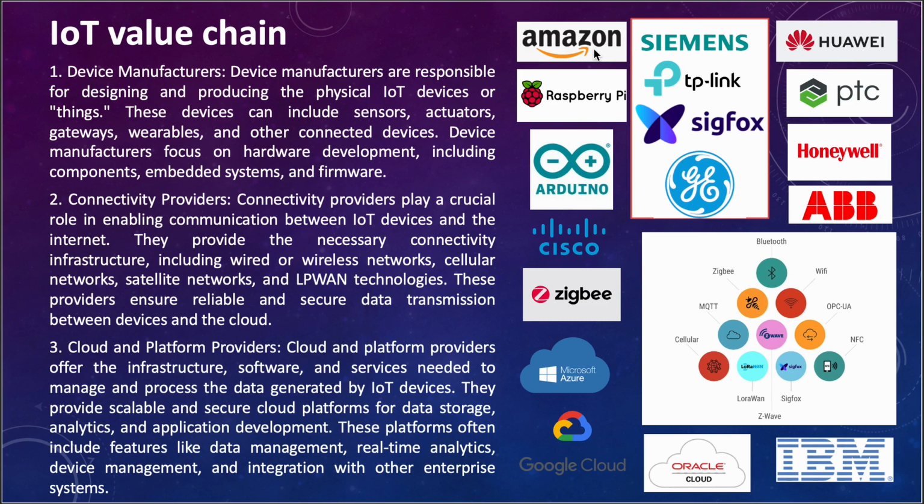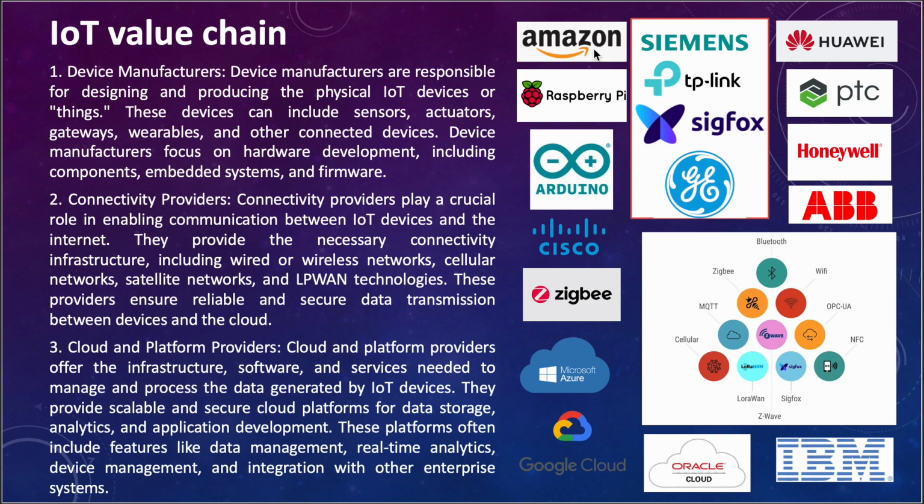If you want to do some research by yourself, I would recommend going to each company specifically. Of course, these companies like ABB, Honeywell, General Electric, Siemens, Huawei, they have their own line of products, which vary across different subjects.